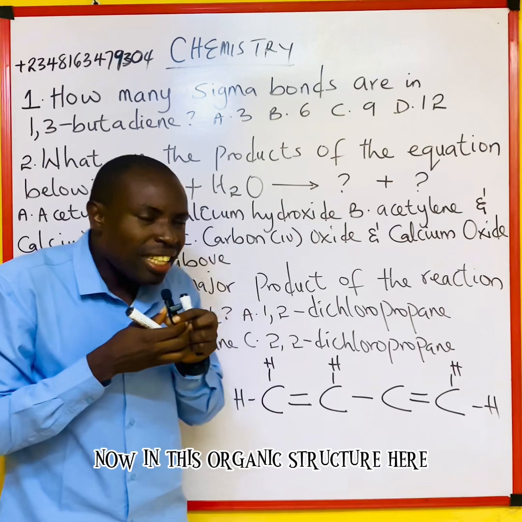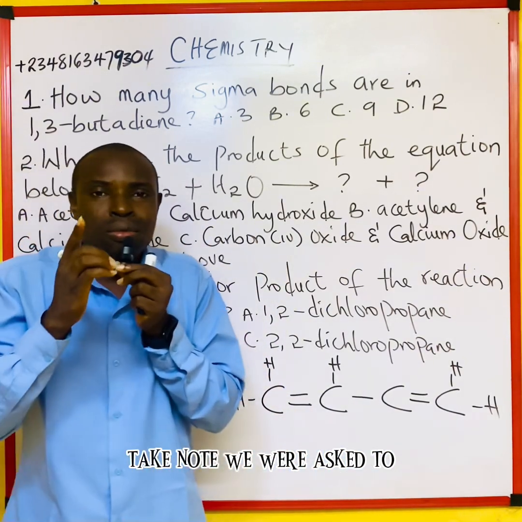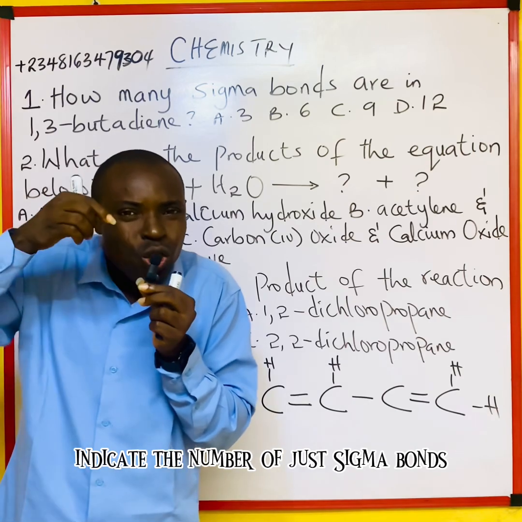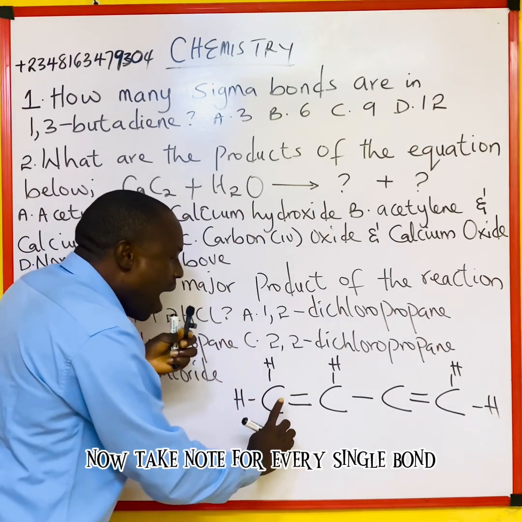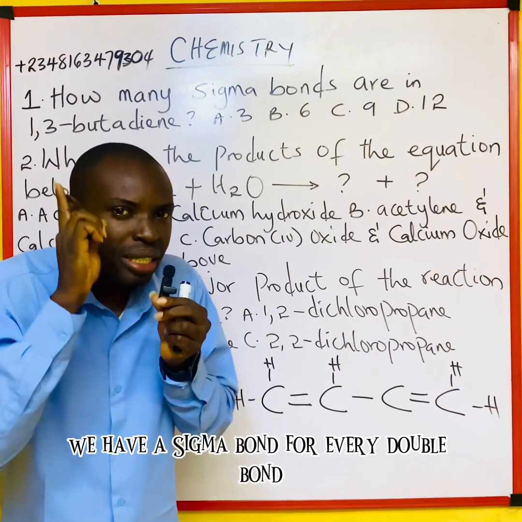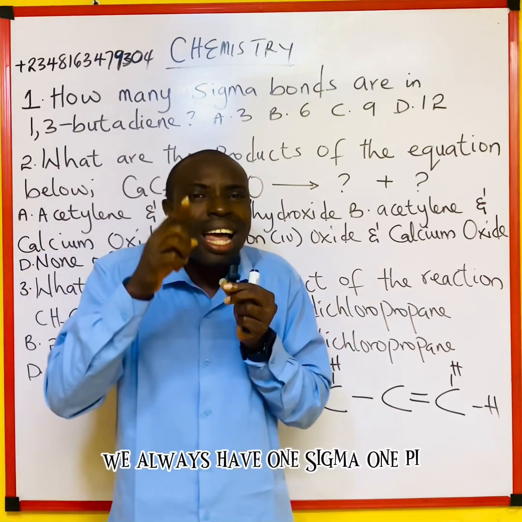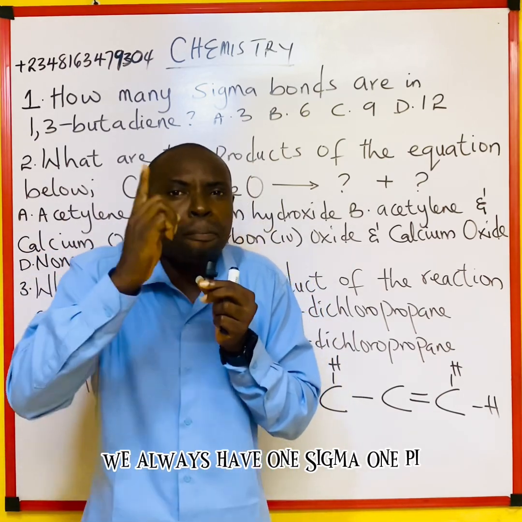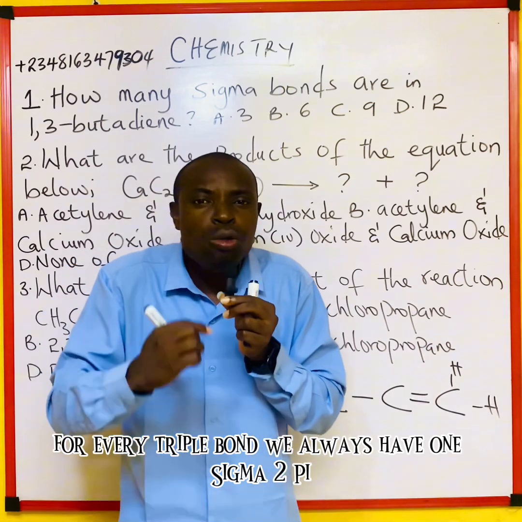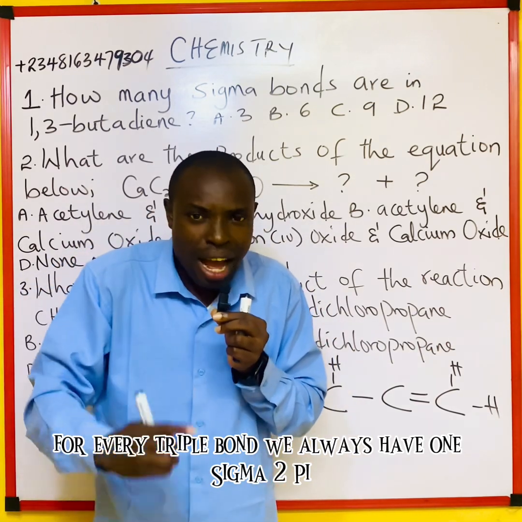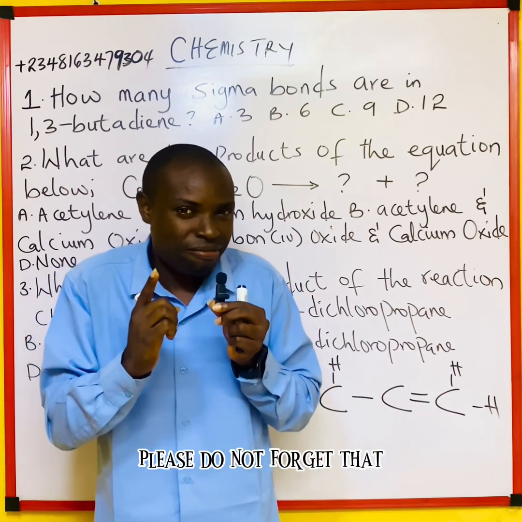In this organic structure, take note, we were asked to indicate the number of just sigma bonds. For every single bond, we have a sigma bond. For every double bond, we always have one sigma, one pi. For every triple bond, we always have one sigma, two pi. Please do not forget that.